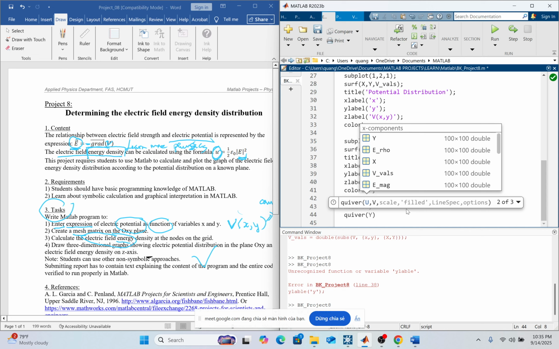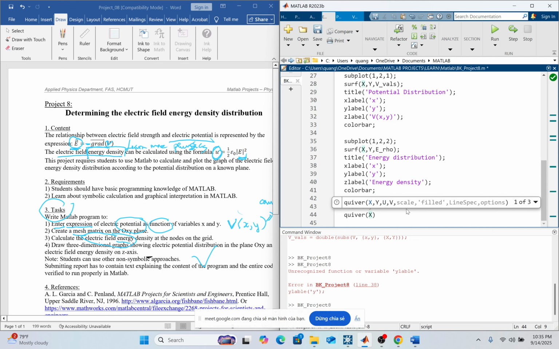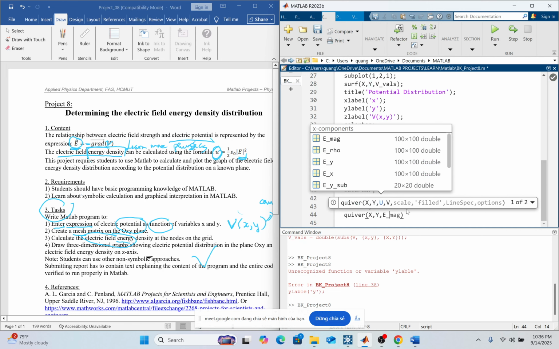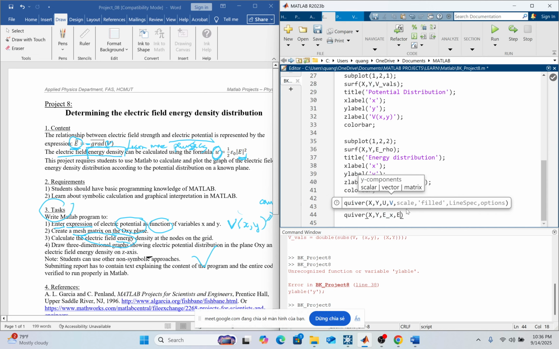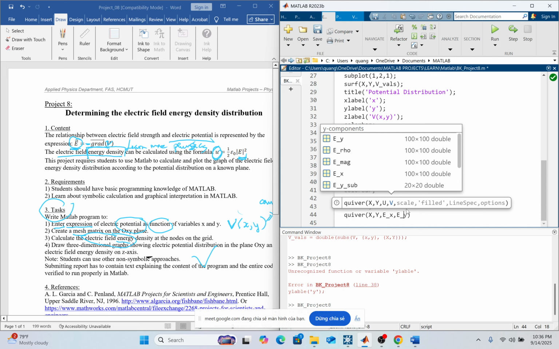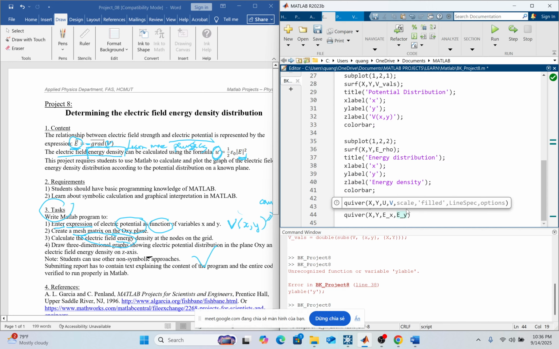Okay, back to this. Quiver is the arrow vector. Then I'll input the x, y. This will be the origin of the vector that I'm pointing to, and I will input the ex and the ey, right? Because ex and ey are basically the magnitudes in the x and y directions. So quiver will draw an arrow.